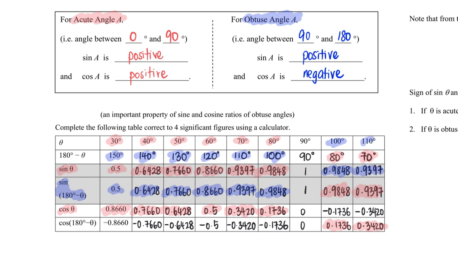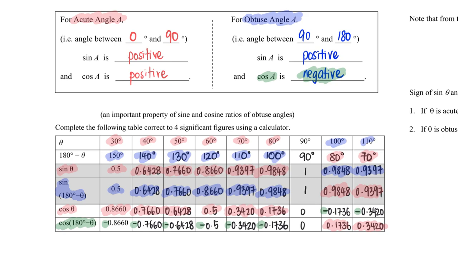But notice, this is a very important fun fact or property for cosine of an obtuse angle. It is always negative. That's the first observation that we must take note of.